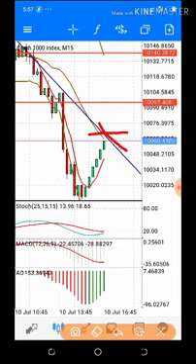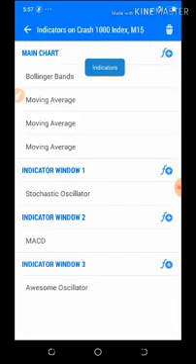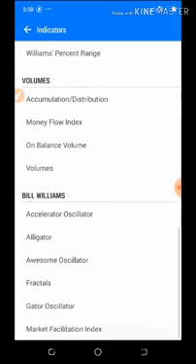Now where you can find that awesome oscillator: click on this F logo indicators, then click on F plus on your main chart, then come down here under Bill Williams.